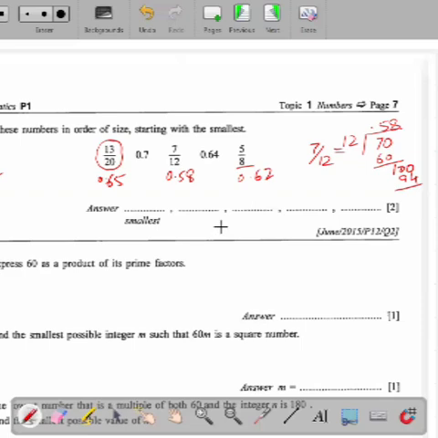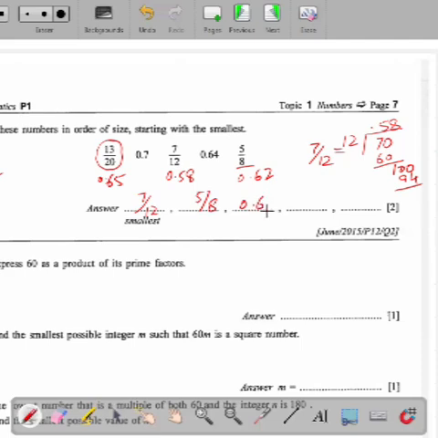If I go for the smallest one first and the largest one last, the smallest one is 7 by 12, which is 0.58. After that 0.62, that is 5 by 8, and then 0.64.